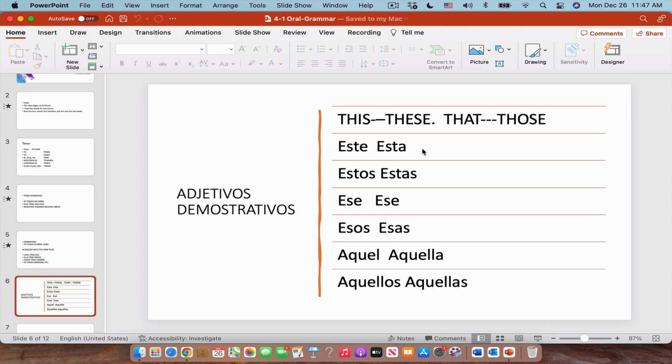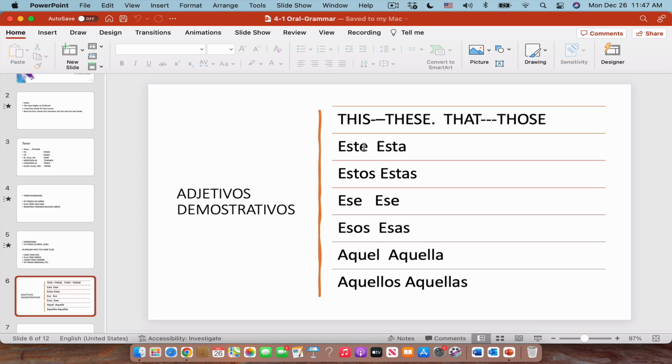So in Spanish we have masculine, feminine, singular, and plural. So if you refer to, for example, the book, well, you're going to use este. Book is masculine and it's only one book, so you will say este libro. But if you talk about a table, it's going to be esta mesa. Well, in this case, when you use this group here, you're saying that this object, for example, this book, is close to you.